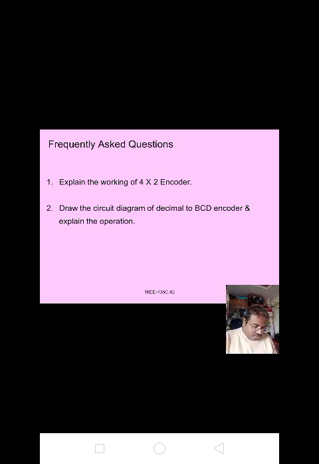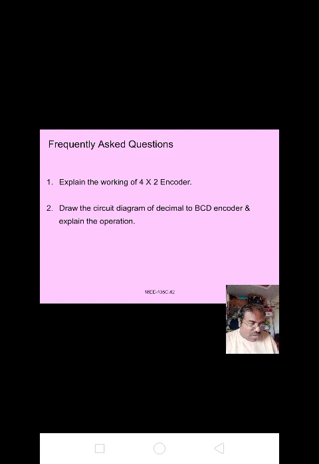Encoder is a combinational circuit that converts one form of data, that is decimal, octal, hexadecimal or symbols, into coded output, that is binary or BCD.